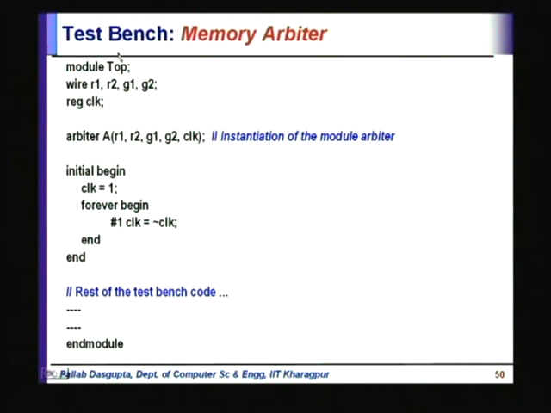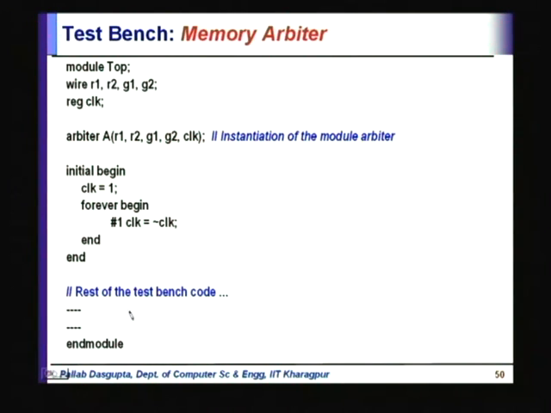Then this is the test bench. In the test bench, let us see what we are doing. We are instantiating the arbiter, right. This is the module arbiter. By the way, this is the design under test for us. Then we are applying clock here, right, and then there is the rest of the test bench which drives the request scenarios.